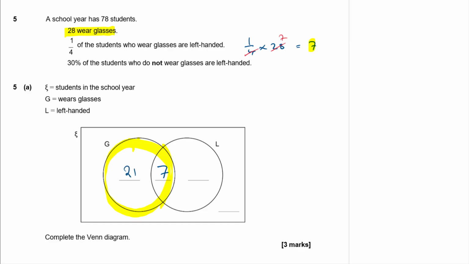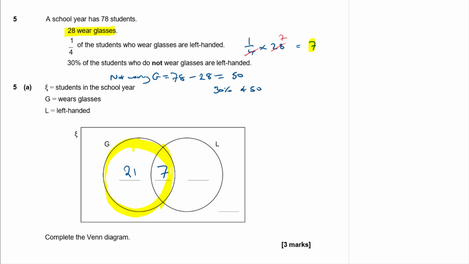Okay, right, and then 30% of the students who do not wear glasses are left-handed. Okay, so how many students do not wear glasses? Well, there are 78 altogether and 28 wearing glasses. So if I take that away, that leaves 50 not wearing glasses. Okay, and so if there are 50 people who are not wearing glasses, what is 30% of that? What's 30% of 50?